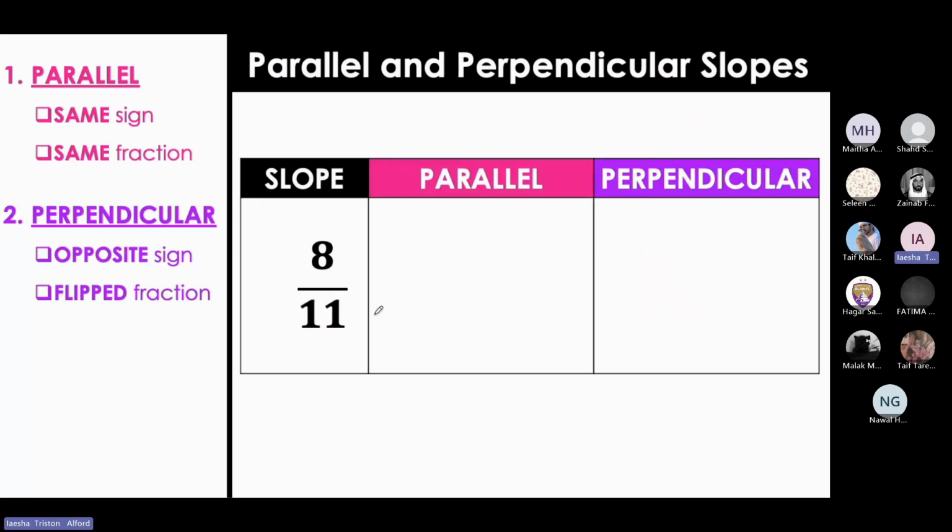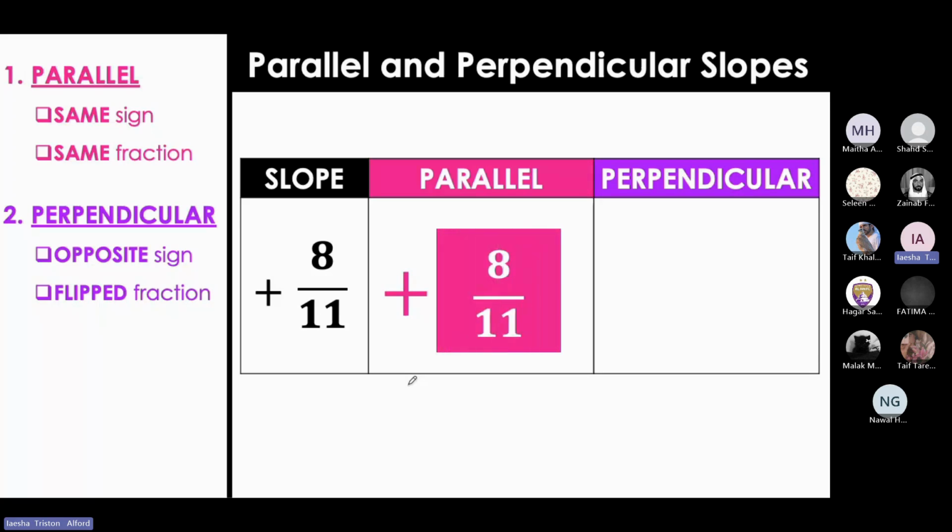We have the slope. This slope is positive. The parallel slope should be the same sign. So what sign should be in the box? Positive 8/11. It should be positive, and it should have the same fraction.